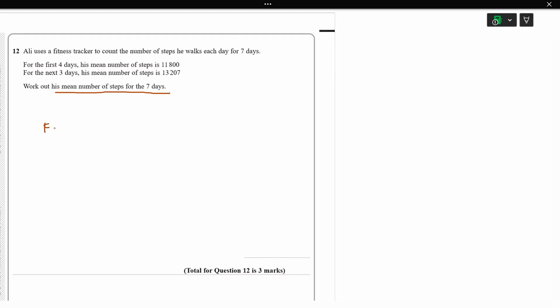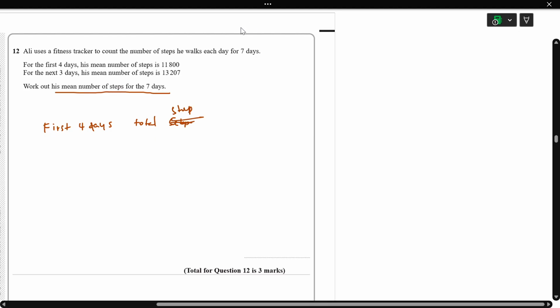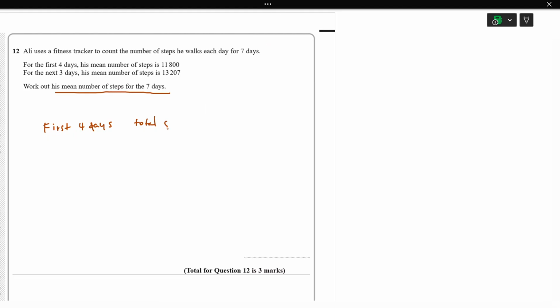For the first 4 days, the total steps equal 4 times 11800, so we get a total of 47200.